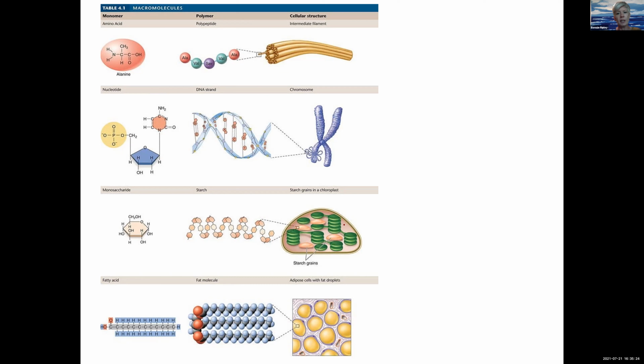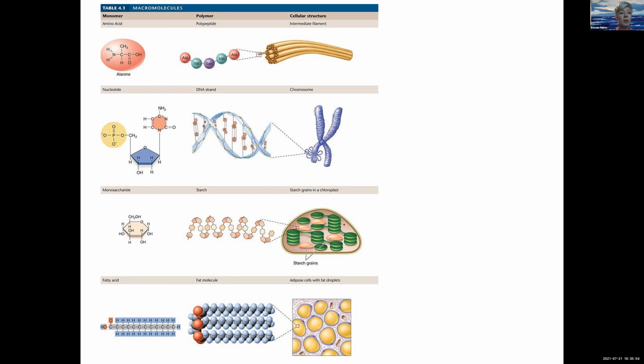So we still have to be thinking about molecules when we're thinking about how living things are built and how they do their work. We have 4 different kinds of biological molecules. They're called macromolecules because they're very large. There's a single smallest version of that molecule that's a component part.